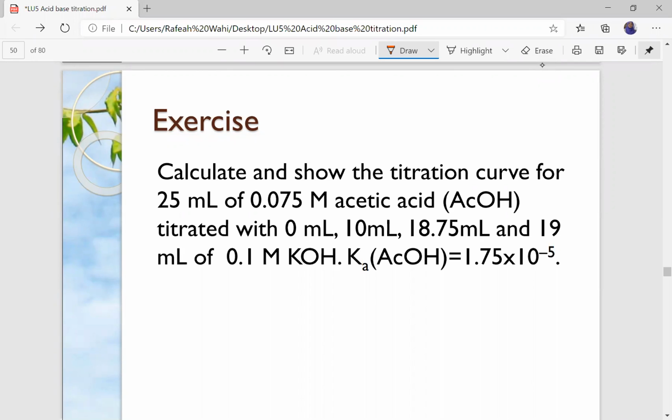So we know from the question that this is a titration between a weak acid, which is the acetic acid, and a strong base, which is the KOH. So this is case number 2, titration of a weak acid with a strong base. So you use the steps of calculation that we have discussed just now.